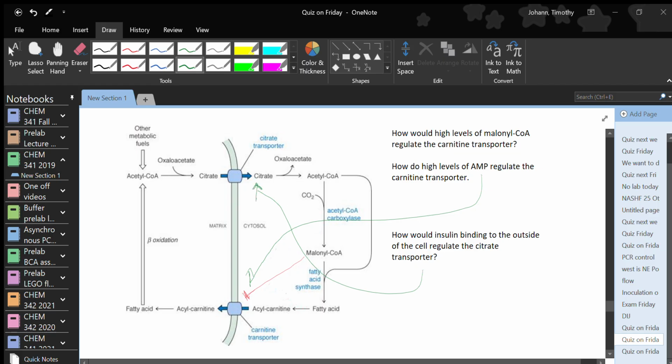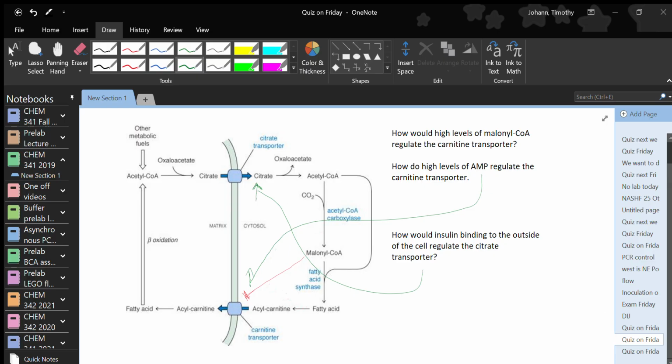Does that make sense, the way you think about these things? Think about the energy state. If you have lots of energy, you store stuff. You make glycogen, you make fatty acids. So you've got insulin, you're going to run glycolysis, and you're also going to make glycogen.